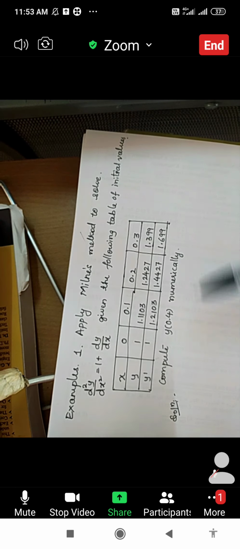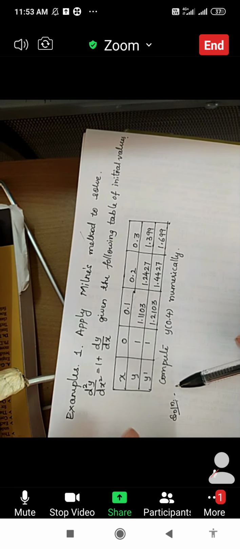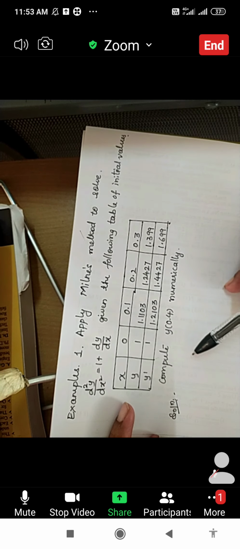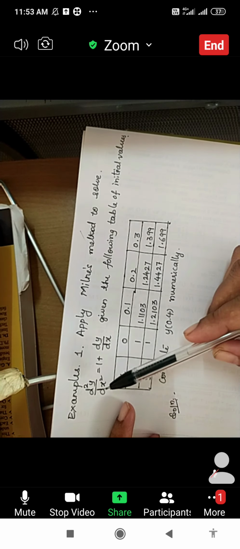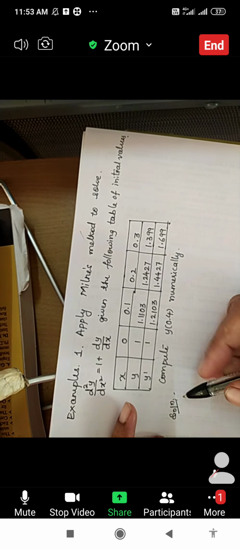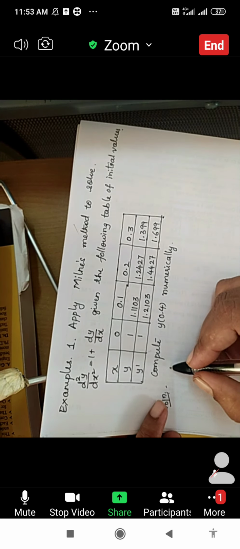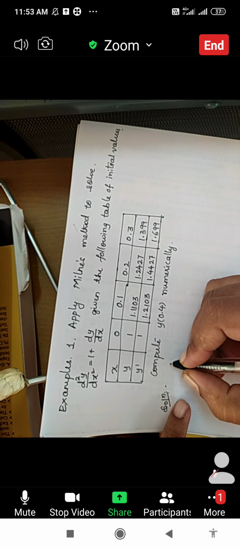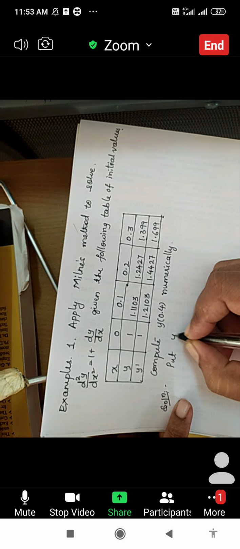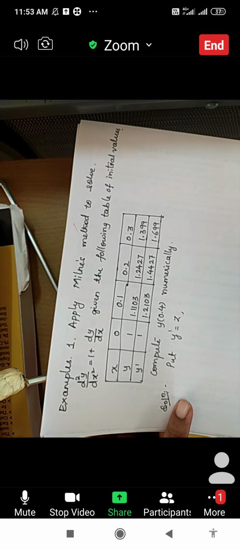When we apply any predictor corrector method, we have to prepare the table. But whenever we have a second order differential equation, the first step is fixed. Do you remember what we have to take? The substitution, right? Yes, y dash we have to take as z.